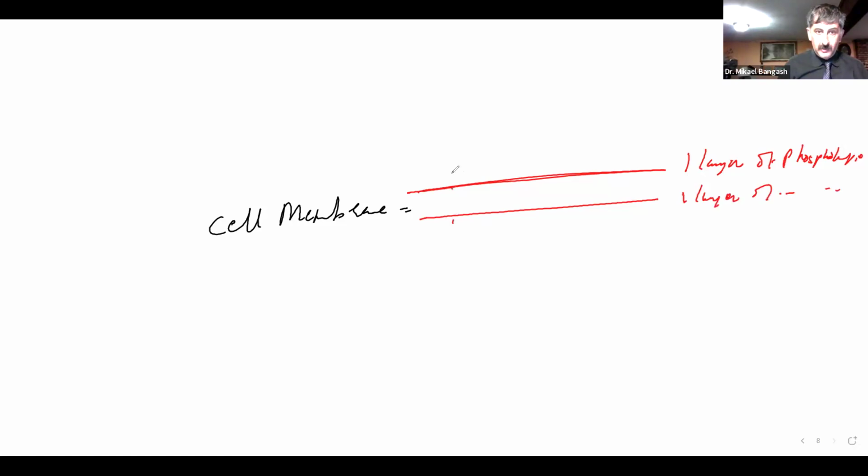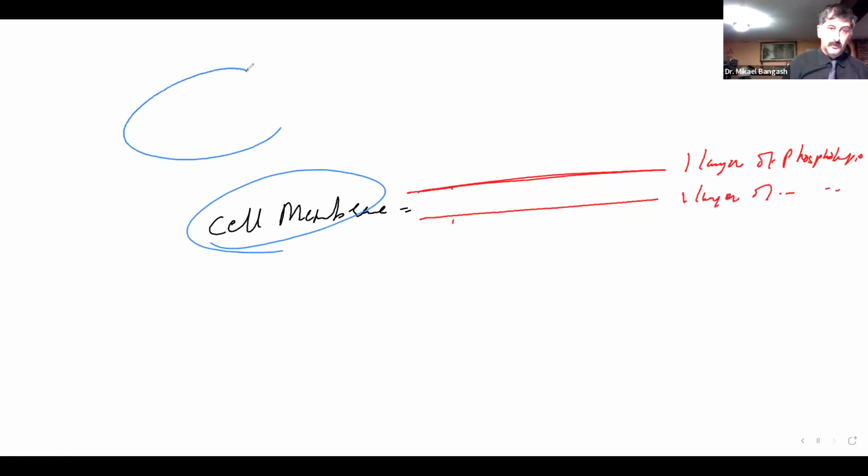So these two layers of phospholipids make your cell membrane, which is the outer boundary of your cell. Did that make sense?